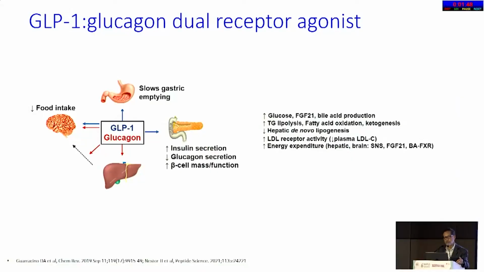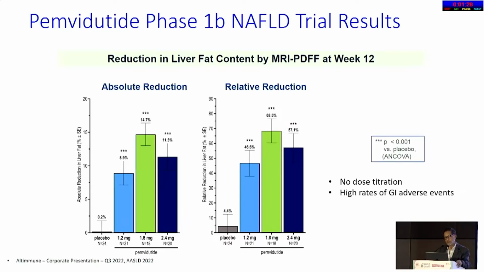GLP glucagon, similarly, glucagon oxidizes fat in the liver and actually improves mitophagy and generation of healthy mitochondria, thus reducing oxidative stress and inflammatory injury signaling from the glucagon, in addition to the extrahepatic benefits of GLP-1. And you saw, Anil showed this data with pemvidutide.